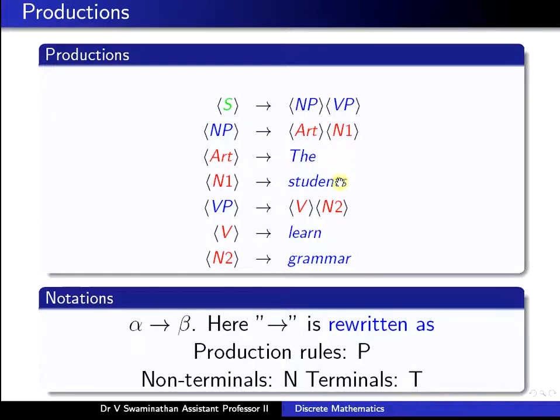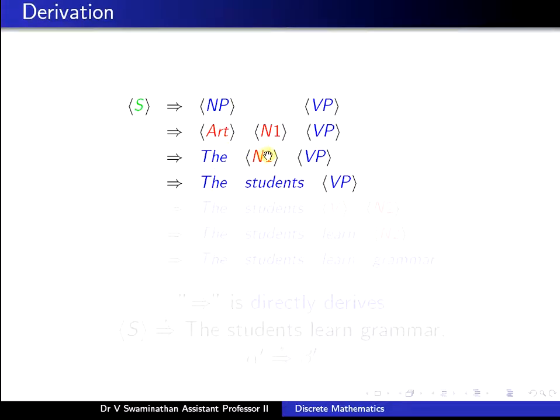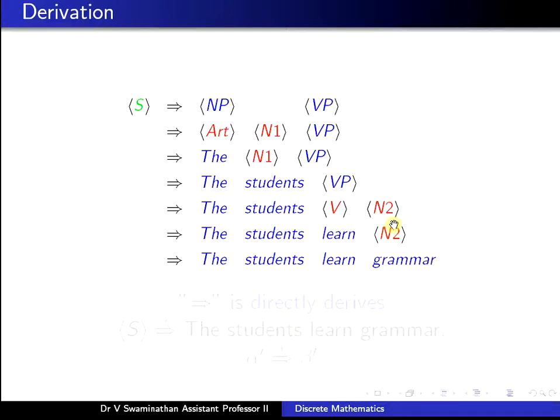Using all these production rules and starting from S, we have this derivation, that is S directly derives NP VP, noun phrase verb phrase, where NP directly derives article noun 1, article directly derives the, noun 1 directly derives students, verb phrase directly derives verb and noun 2, verb directly derives learn, N2 directly derives grammar.